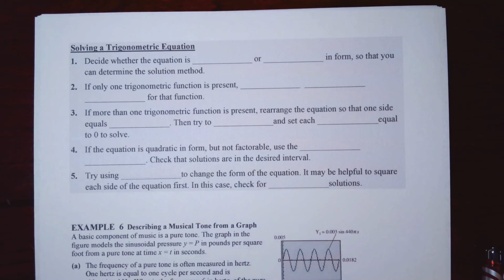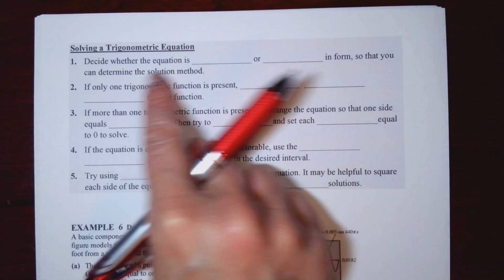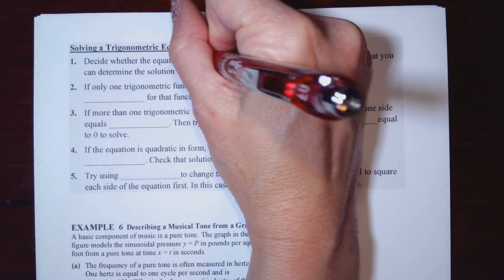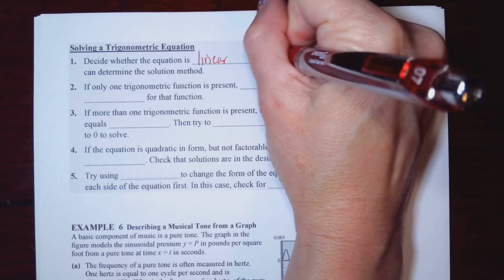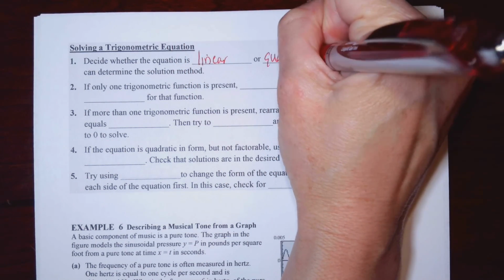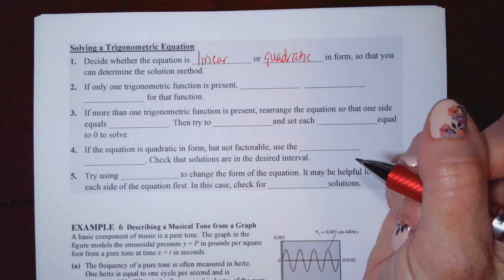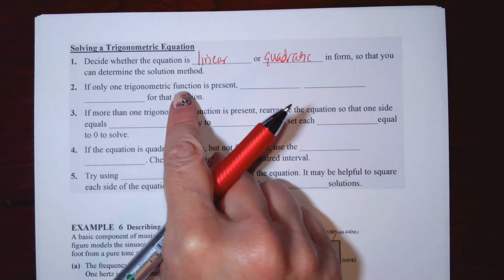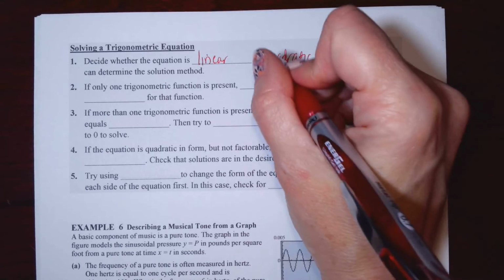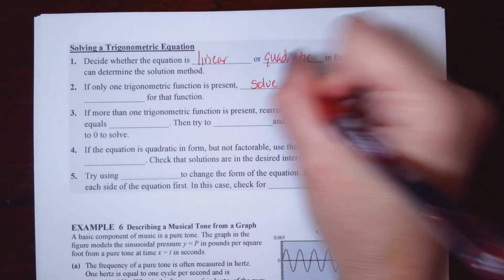This is our review of what we've done: the different ways to solve trig equations. First, you need to figure out if it is a linear or a quadratic form, so you know what type of solution method you want to use. If there's only one trig function, you're going to solve for that function.